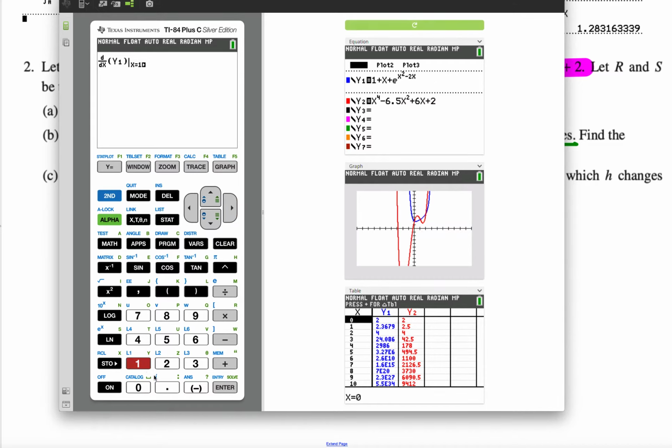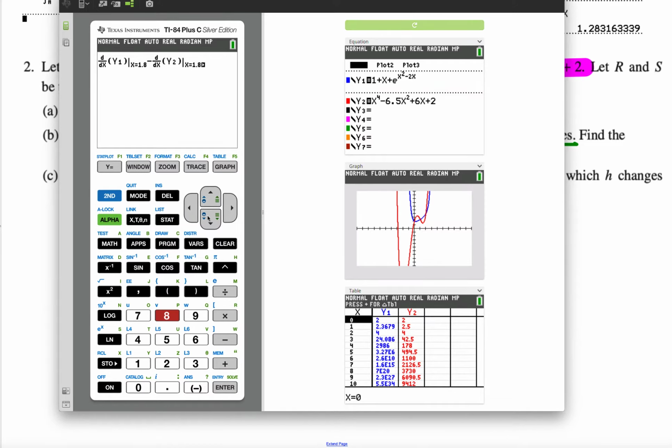When x equals 1.8, it's the same thing. Take the derivative when x equals 1.8, as with the other one.